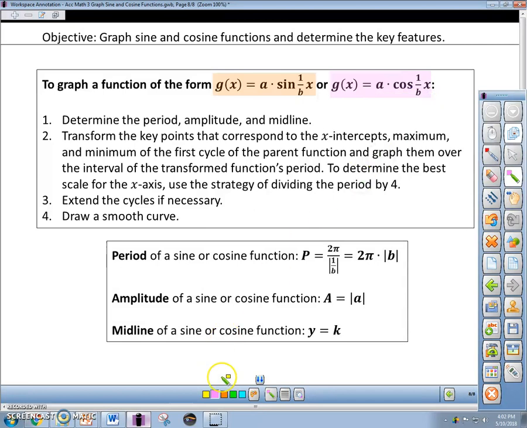And what we need to learn about how it applies to trigonometric functions is that our A parameter is actually part of what we call amplitude of a sine or cosine function, and our 1 over B helps us calculate the period, which is the interval over which a single wave is completed. So that's what we're looking at here.